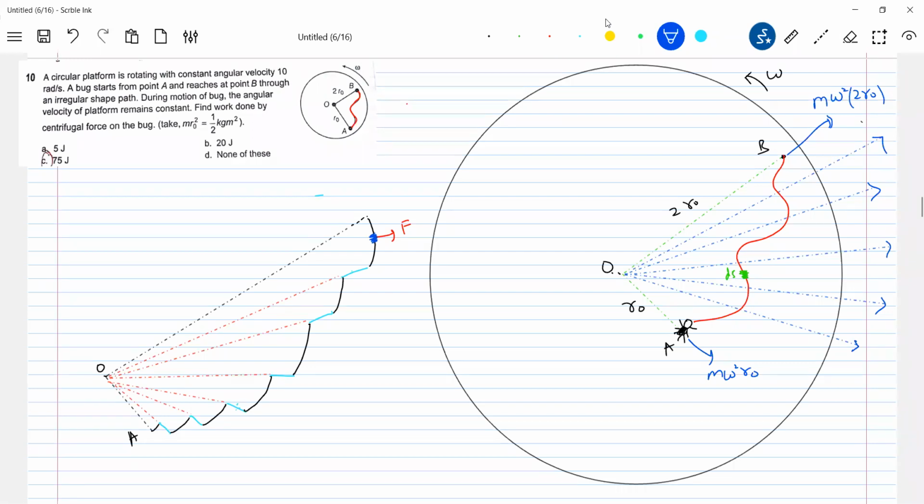The displacement is like this. What about here? The displacement will be in the direction of force. I think you have to really fight with the diagram, nothing to do with the concept. Now, where the centrifugal force is doing work, and here I'll put 90 degrees. So everywhere the force, you can show like this. When the centrifugal force is doing work, the force will be acting radially outward.